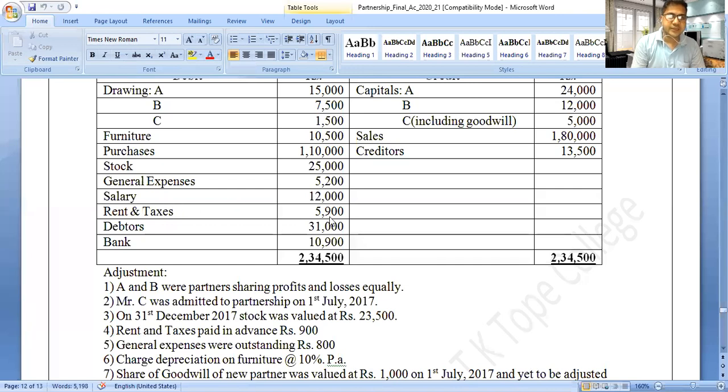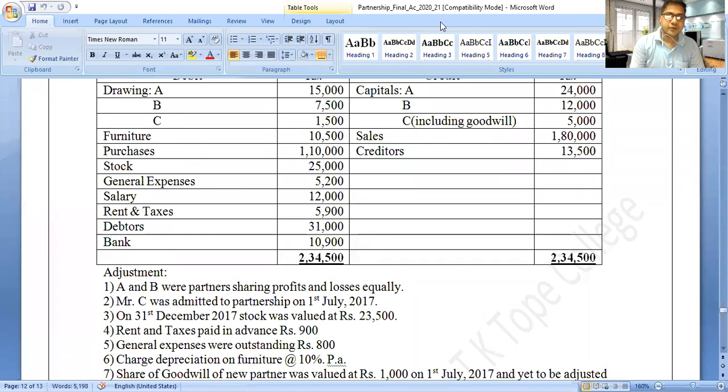It means rent and taxes are 5,900 and rent and taxes paid in advance are 900. Advance payment is a prepaid, and prepaid value is always deducted. So 5,900 minus 900 means actual rent and taxes are 5,000.